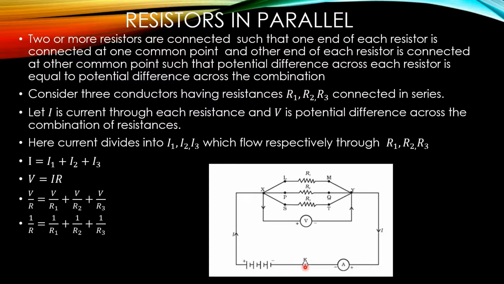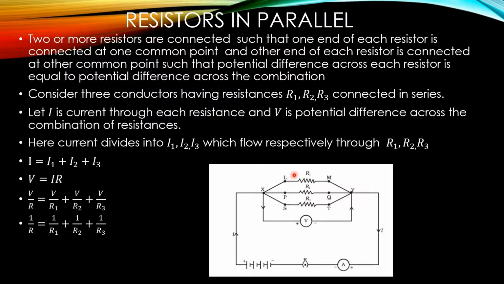When we place the key, current will start to flow from the battery and after reaching point X, it will distribute because there are three paths for the current to flow. So I will divide into I1, I2 and I3.